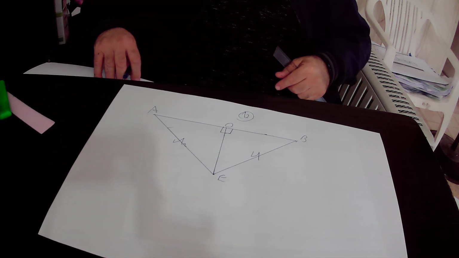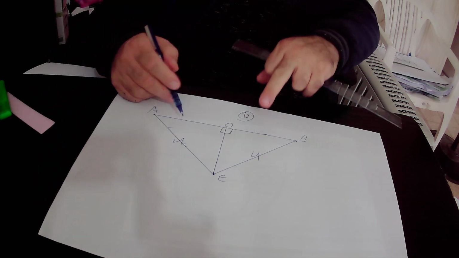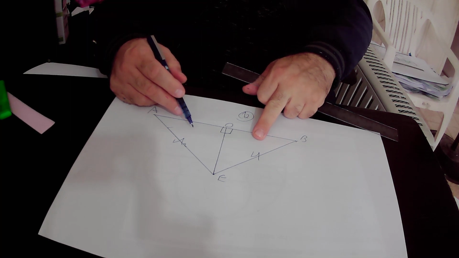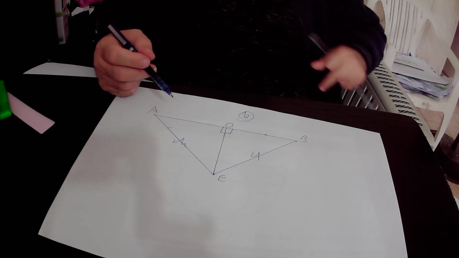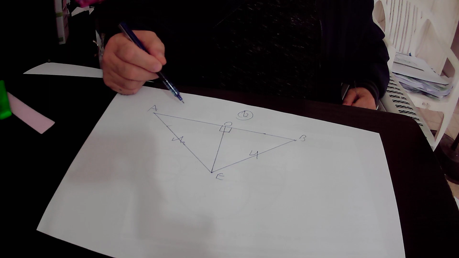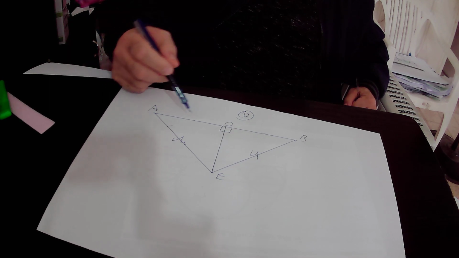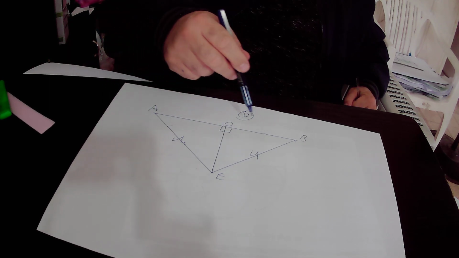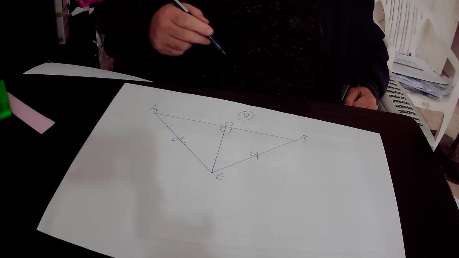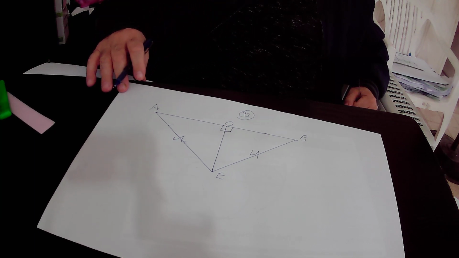So we actually prove that those two right triangles can go into each other. The triangle AOE is congruent to triangle OBE. Okay?